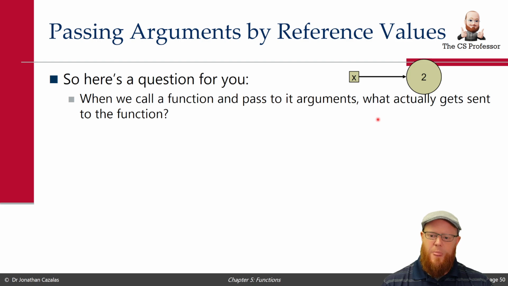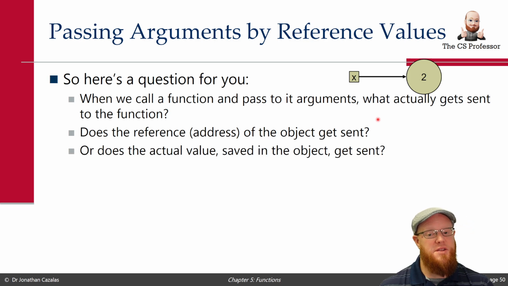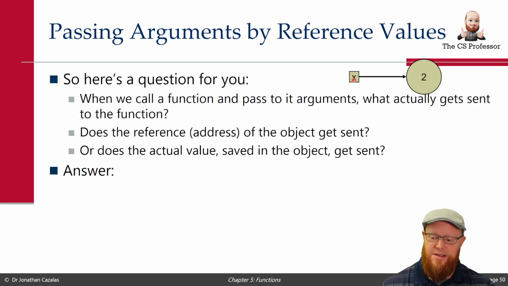So here's a question. When we call a function and we pass to that function these parameters, these arguments, what actually gets sent to the function? Does the address get sent to the function, or does the value that is saved in the object get sent? So does 2 get sent to the function, or does the address that is saved in X get sent to the function?